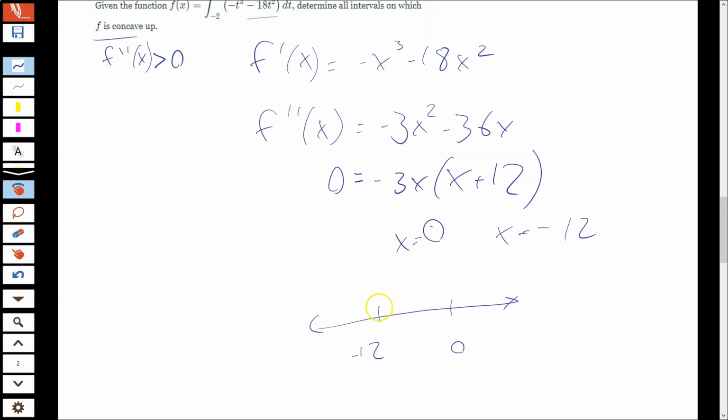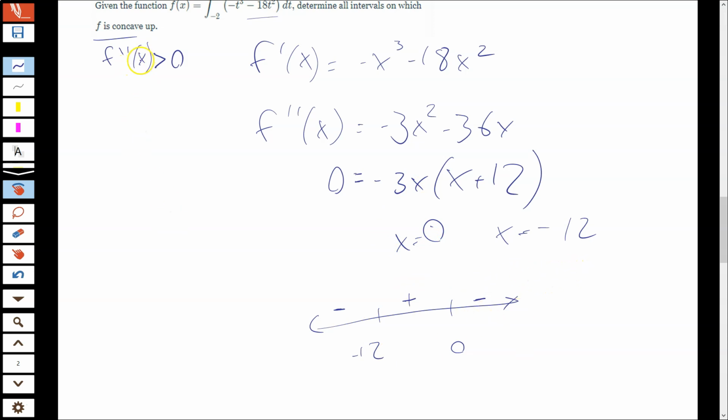And we're going to start over here, so I could plug in negative 13 or anything smaller. I get a negative result. Here, plug in like negative 1 or something, get a positive result. And then to the right here, if I plug in 1 or anything bigger, I get a negative result. You can check those on your calculator. I did those ahead of time to save us time.